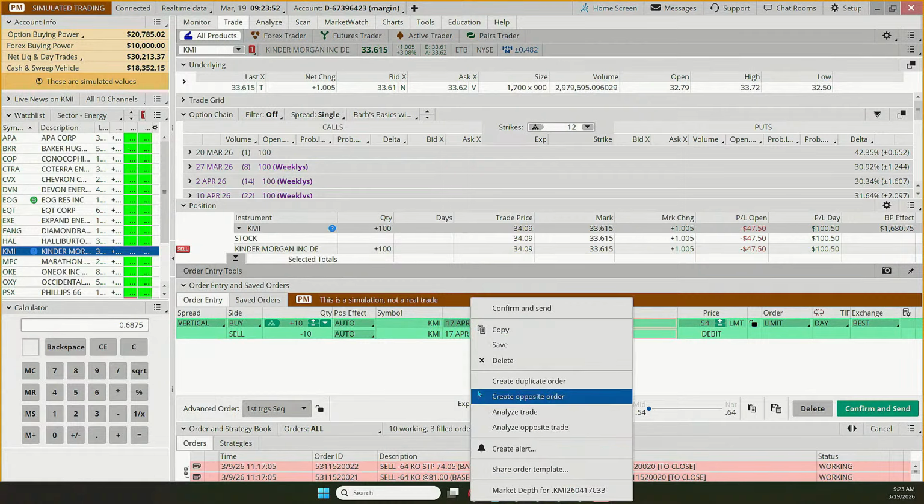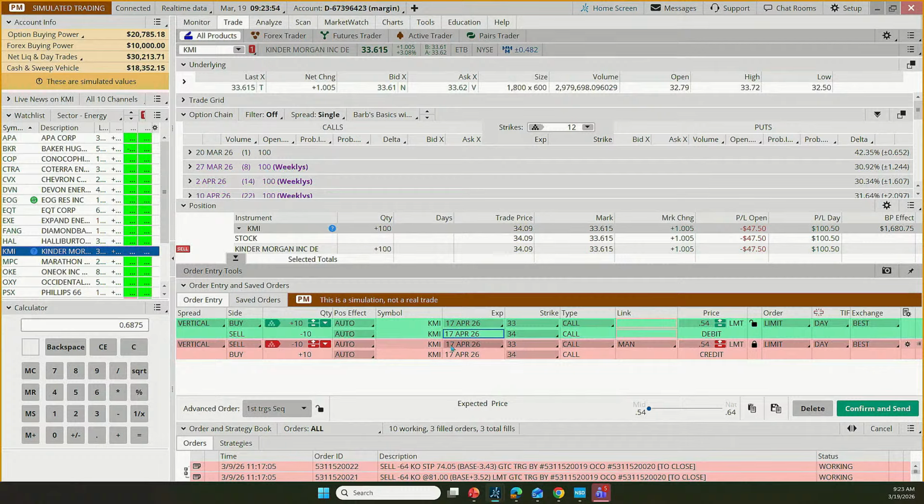So if we say, okay, we're okay with doing 10, single order, first trigger sequence, right click. Now, we are not taking our transaction fees into account here, and it's $1.30 a contract to get in and $1.30 a contract to get out. So 54 times 1.25, yeah, 68.